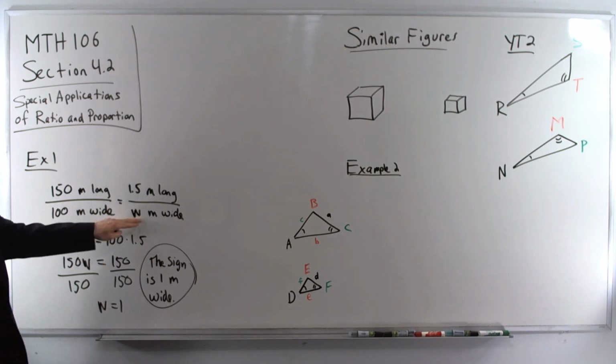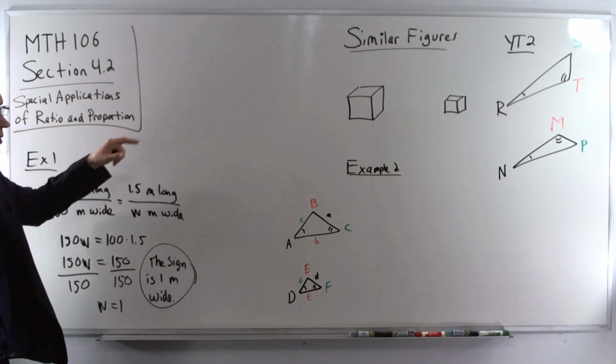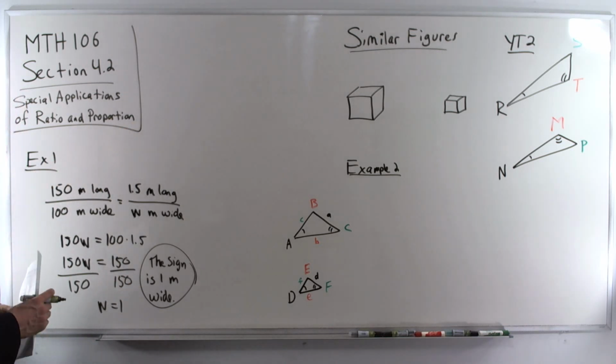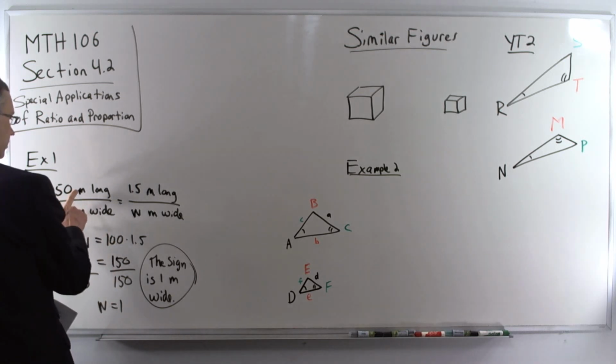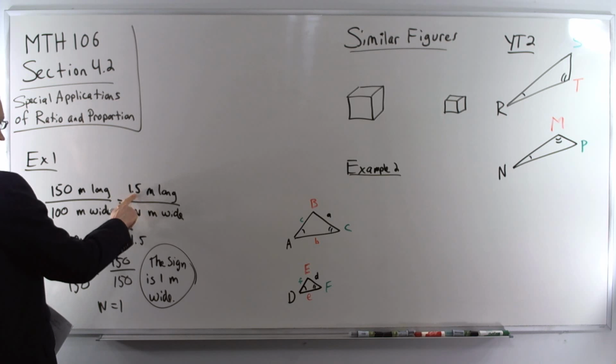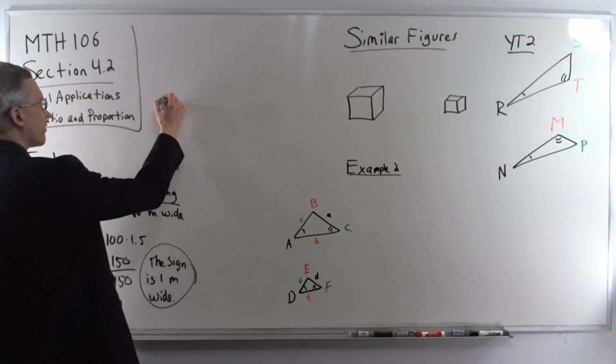Now I could use these values, but I calculated this one, and if I made a mistake here, that's going to carry over into the scale calculation. So I'm going to use the given values. So the ratio of the size of the actual object to the size of the drawing is 150 to 1.5.